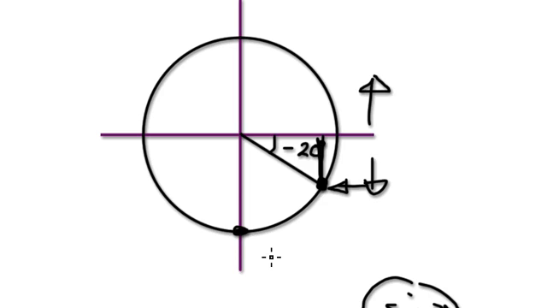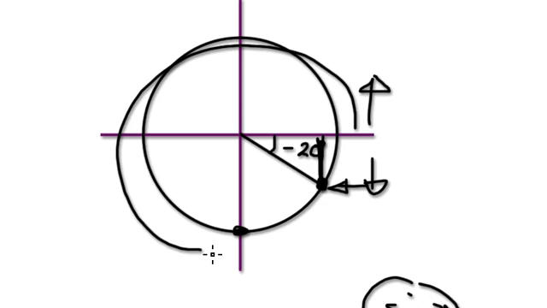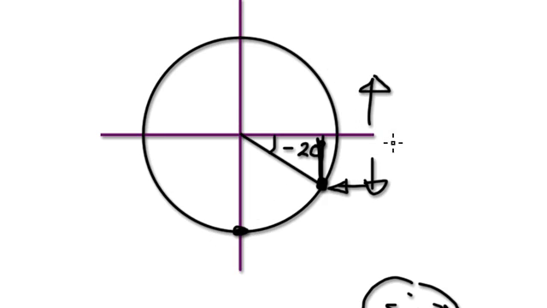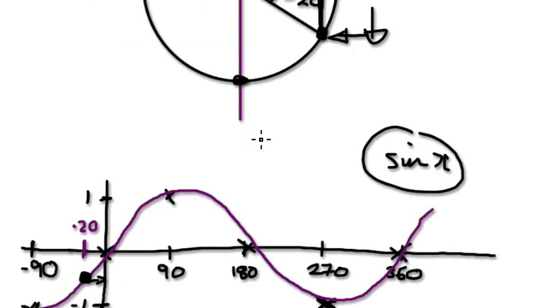That's the same as the angle of 270 in the positive direction. But my point is, when it's negative 90, the cos of x will be 0. The width will be 0.